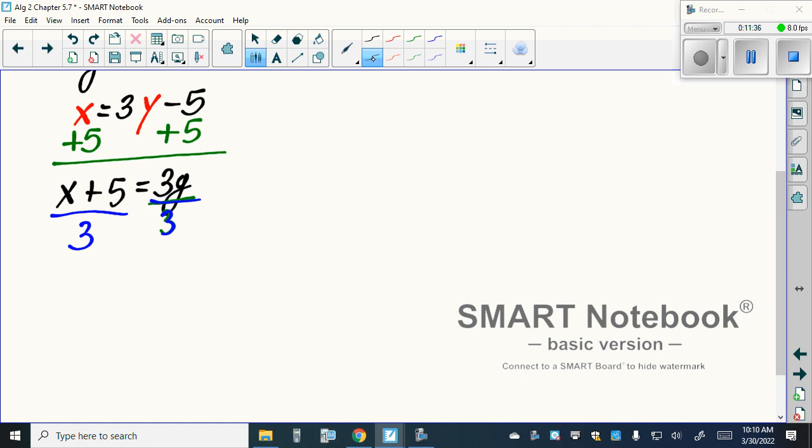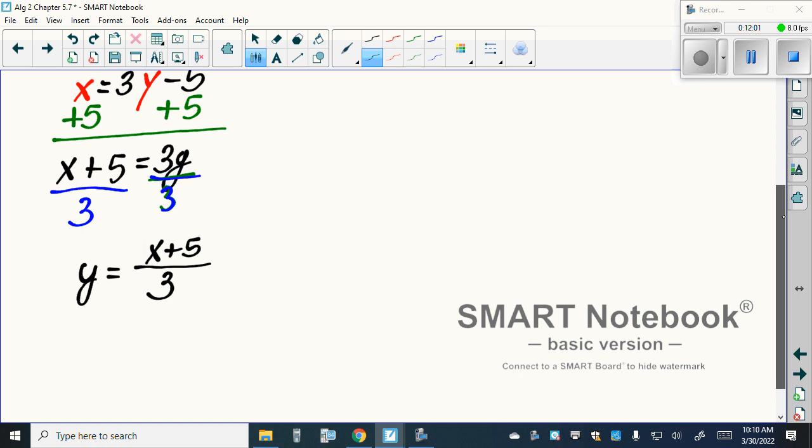Now if we divide by 3, 3y divided by 3 will simplify nicely to y. But x plus 5 doesn't divide by 3 nicely. Now, I would divide it by 3 if we had, say, 3x plus 6. Since 3x and 6 both divide evenly, then we can simplify it. Here, we can just leave it as (x plus 5) over 3.